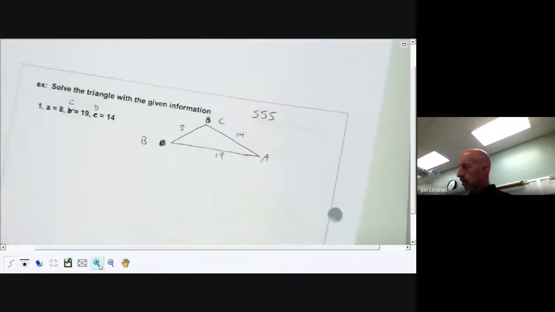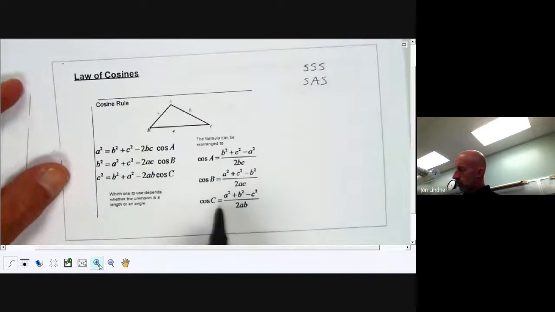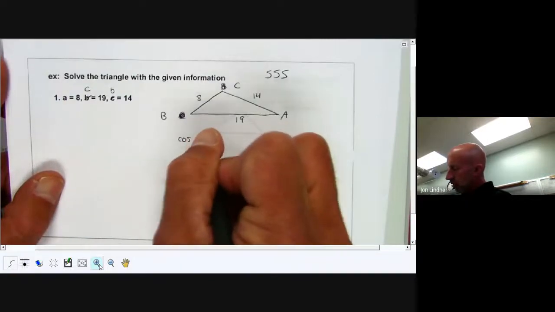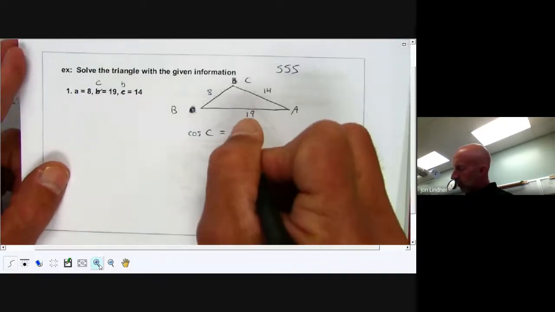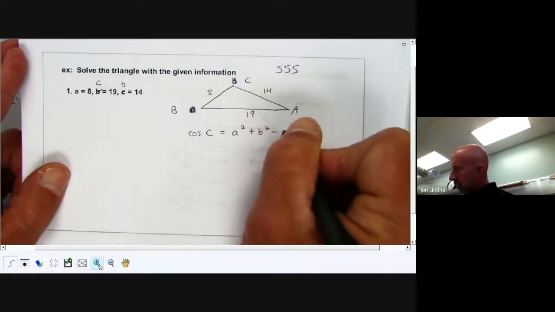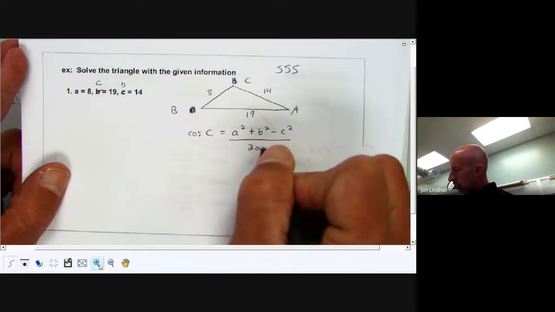So from the law of cosines that I just showed you, we're going to work with this right here, the cosine of C. The cosine of C is that ugly formula, a squared plus b squared minus c squared all over 2ab.